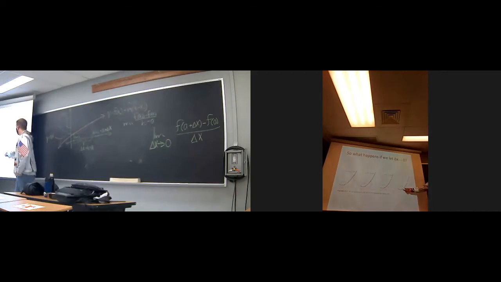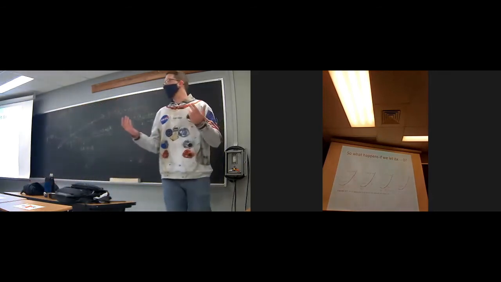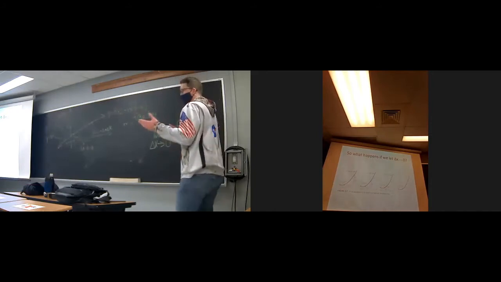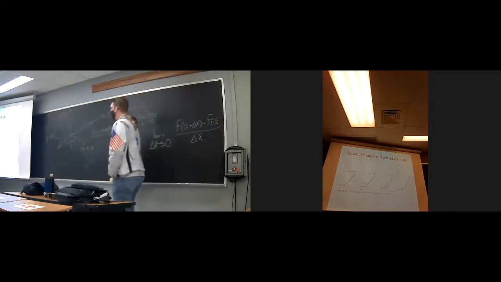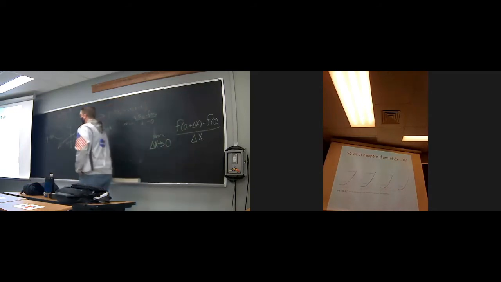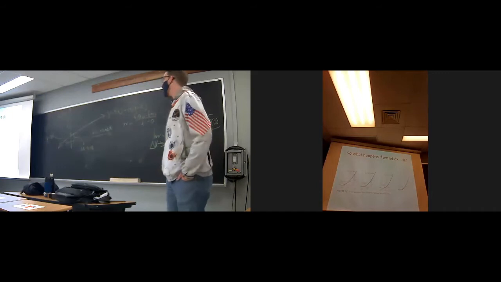But notice when b eventually reaches a, or when delta x eventually reaches 0, we're not a secant line anymore, because we don't go through 2 or more points. So this line now only goes through 1 point of our curve. So it's not a secant line anymore.